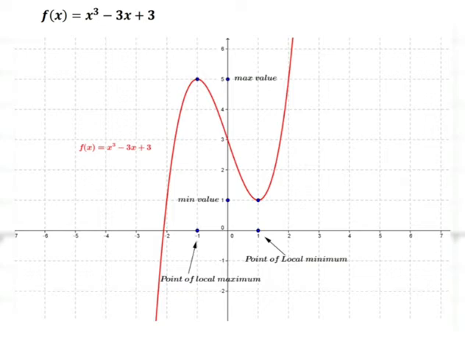That we have learned in class 11. So we see here that whenever the slope of the tangent changes from positive to negative, then you will have a point in between, which is the maximum value of the function.